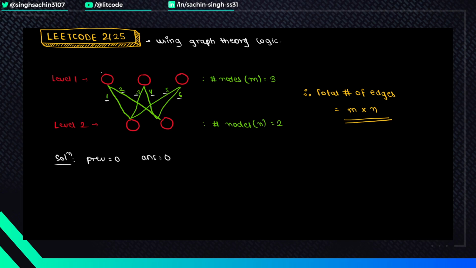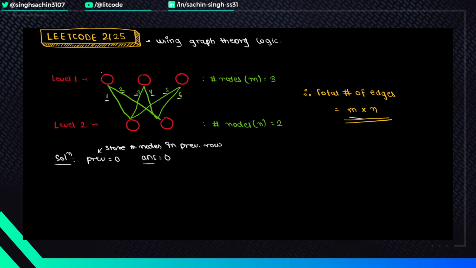So how we'll do that: we'll use two variables, previous and answer. Previous will store the number of nodes in the previous row, and answer, of course, will be your answer, where we'll be doing the multiplication and adding the result.